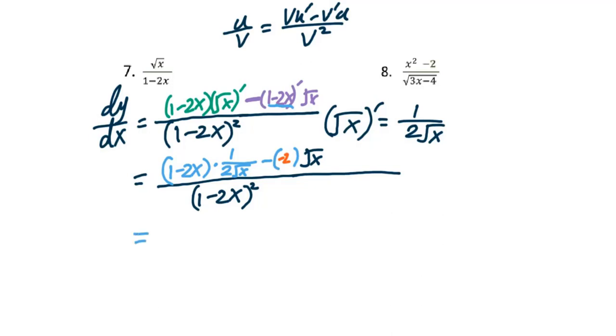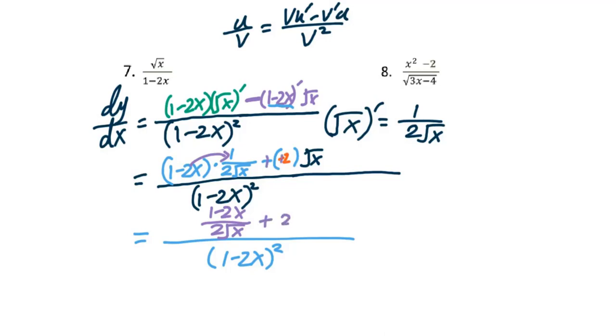Therefore, we organize 1 minus 2x squared. Let's go to the numerator. So you get 1 minus 2x over 2 square root of x. Negative, negative will be a positive, then plus 2 square root of x.